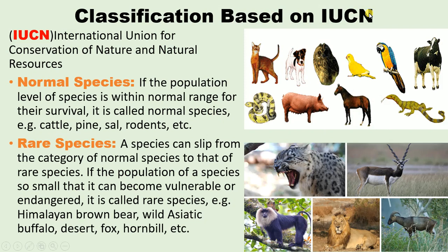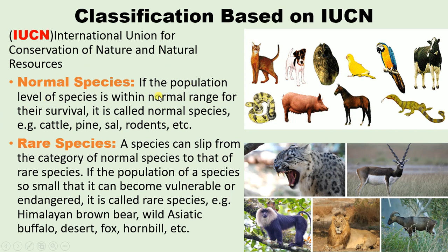Classification based on IUCN, International Union for Conservation of Nature and Natural Resources. According to this, species have been classified into 5 categories. So the first one is the normal species.